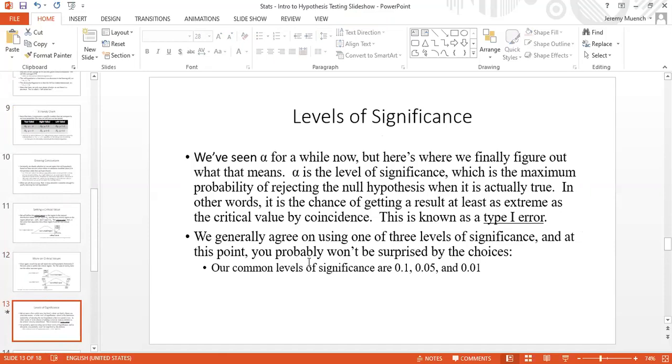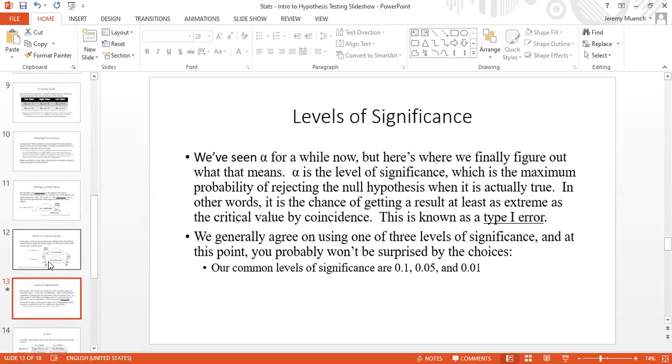And sometimes that happens. Sometimes our values really did occur by chance, and we chose to reject the null hypothesis. We chose to decide the null hypothesis didn't seem true based on the evidence we had, even though it turns out it was. That can happen, and it's known as a type 1 error.